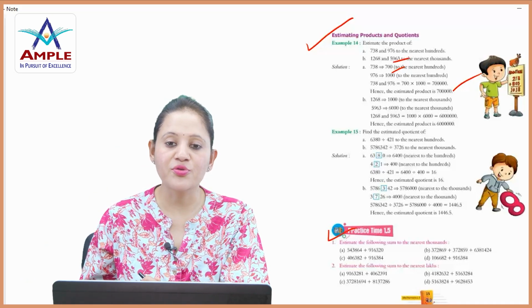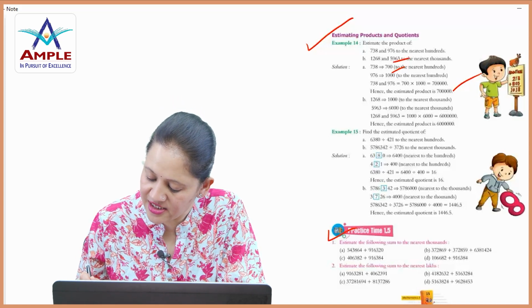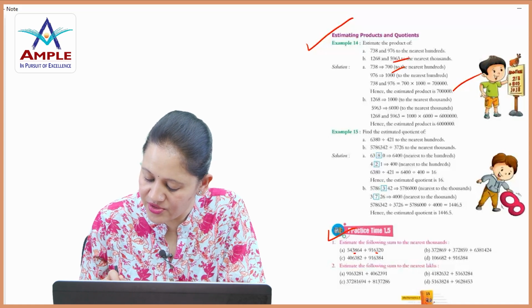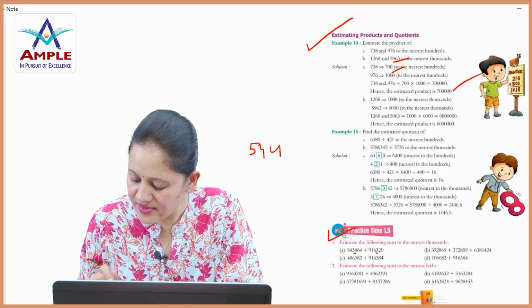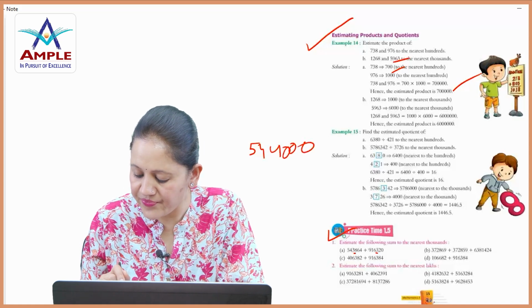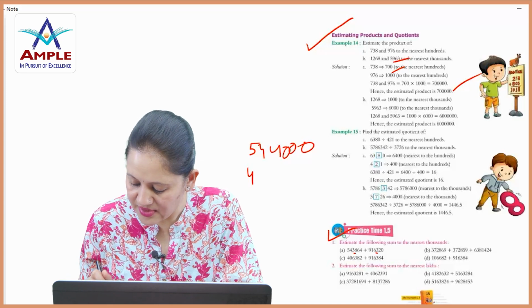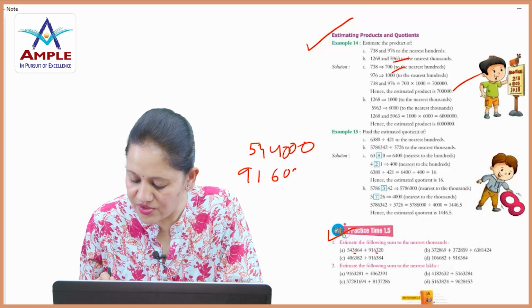Estimate the following sum to the nearest 1000. Nearest 1000 means we have to see the digit at the 100 place. Here it is 3 and here it is 8. So, it will round off to 4000, and next 4, next is 91600.